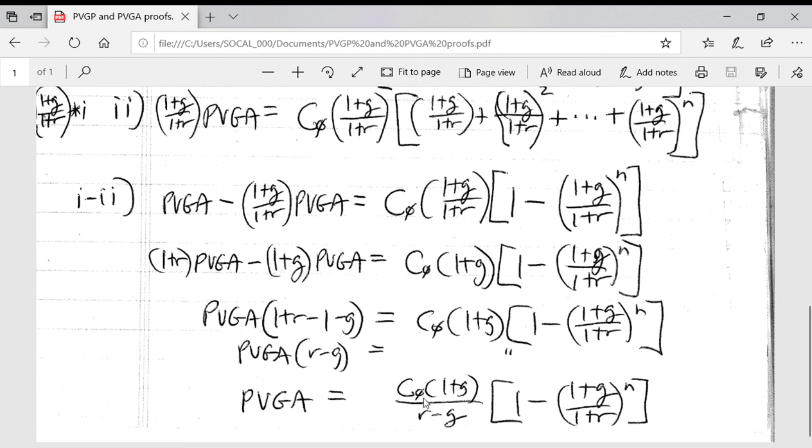Or, as it shows here, the cash flow at date 0 times 1 plus g. But I will leave it like this, divided by r minus g times 1 minus 1 plus g divided by 1 plus r to the nth power. So here we've proved that the application formula for a present value of a growing annuity is equal to the cash flow at date 1 divided by r minus g times 1 minus 1 plus g over 1 plus r to the nth power.